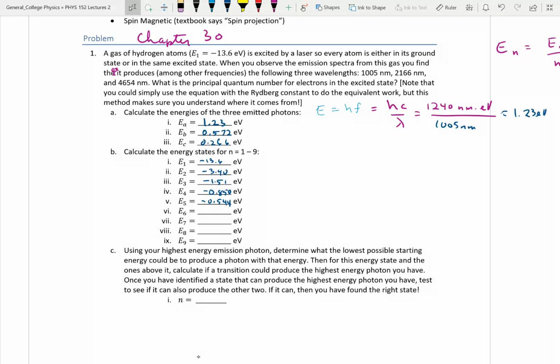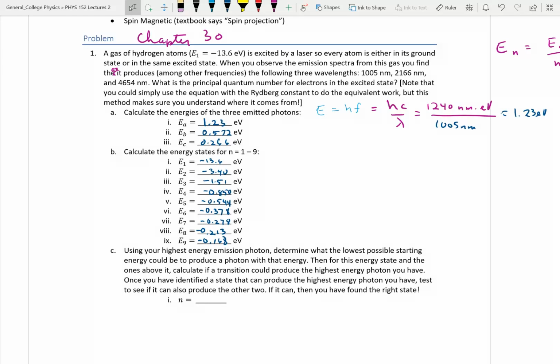Divided by 6 squared, I have minus 0.378. And 7 squared is minus 0.278. 8 squared is minus 0.213. And 9 squared is minus 0.168. So I calculate all of these energies.